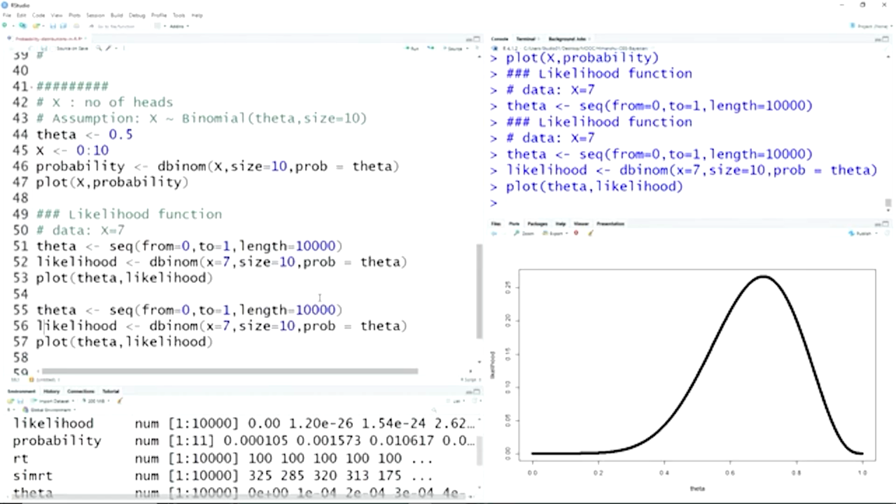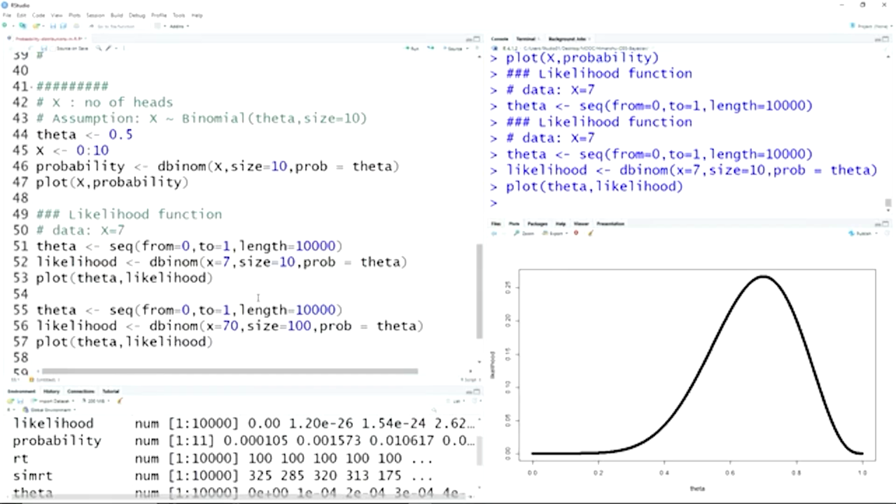Let's say you toss the coin 100 times and you get 70 heads. Basically the underlying thing is the same. In the earlier case you tossed the coin 10 times and obtained 7 heads. Here I toss the coin 100 times and let's say I get 70 heads. Let us see how the likelihood looks.